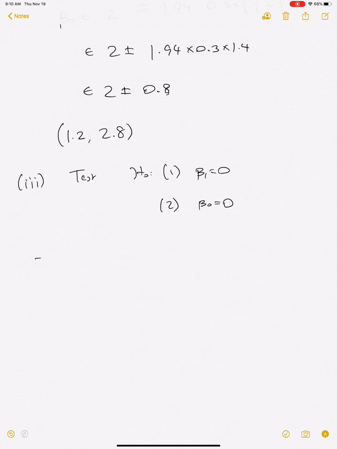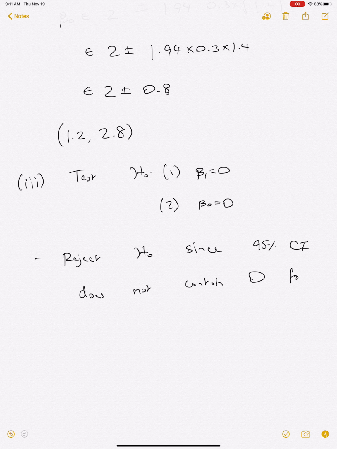So here you're going to reject H naught, since the 95% confidence interval does not contain 0 for both beta 0 and beta 1.